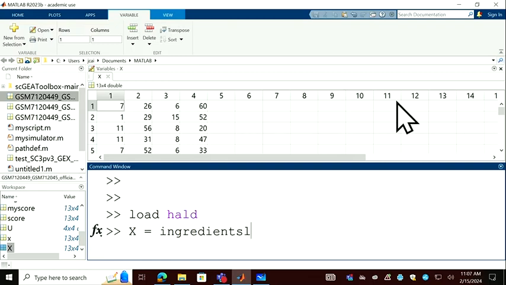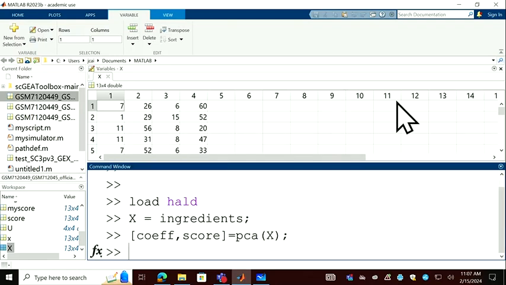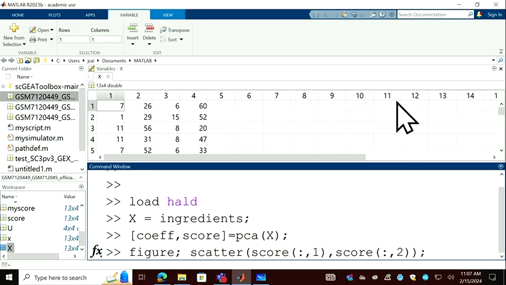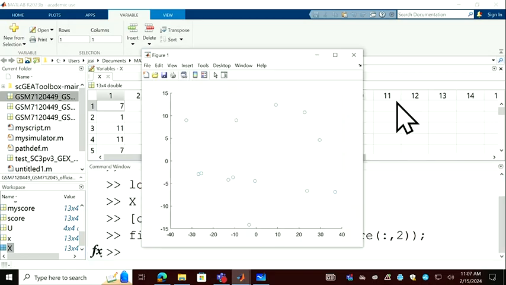So this is just a small data set that we can easily play with. And you know how to run PCA if you do the coefficient and the score, and then you have a figure to plot the results here, okay?